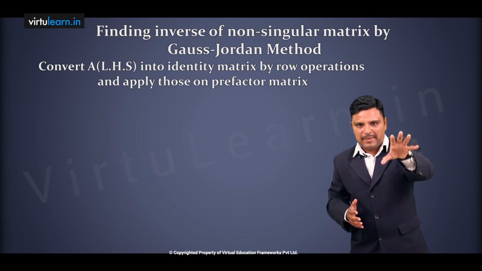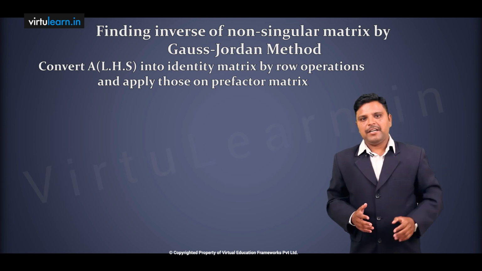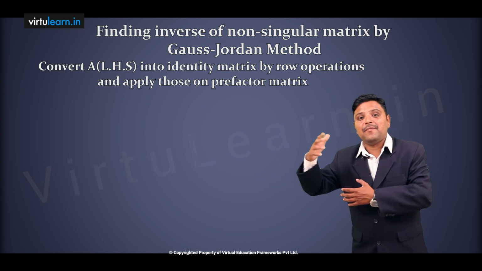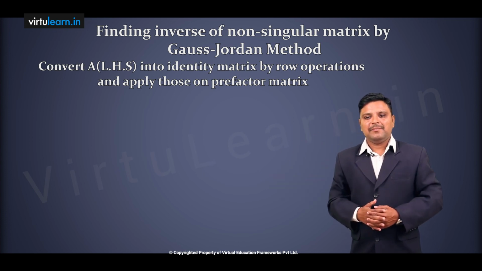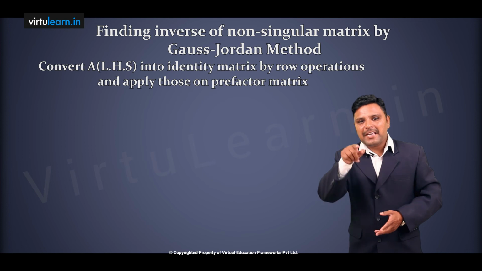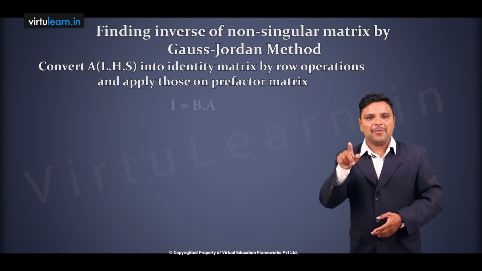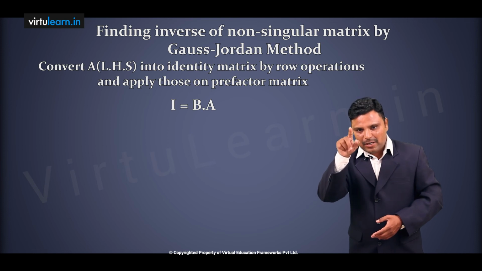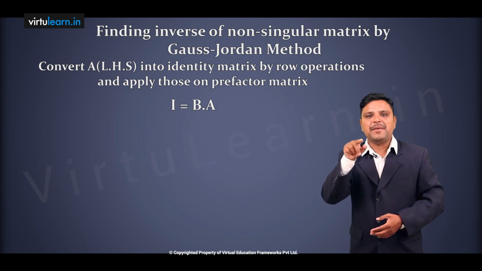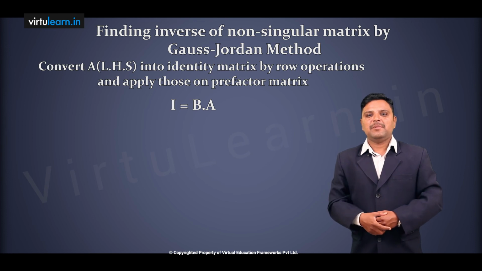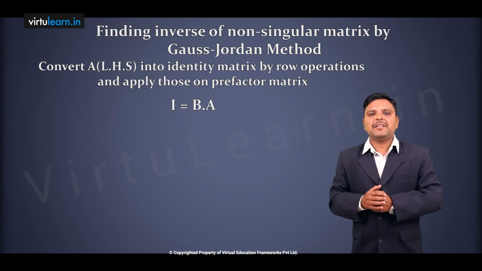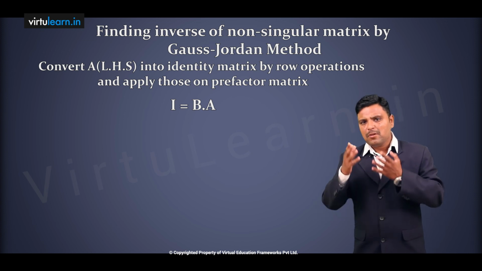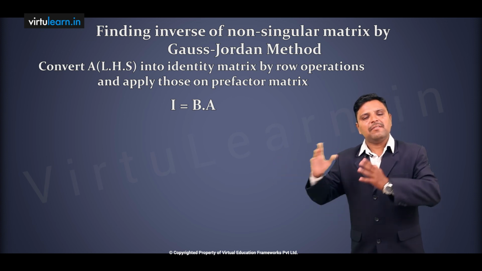Then the LHS matrix is converted into identity form, and that identity matrix is converted into another matrix. At last we will get I equal to B into A, where B is the new matrix you get. I equal to B into A means B is the inverse of A and A is the inverse of B. Therefore, B is the inverse of the given matrix A.